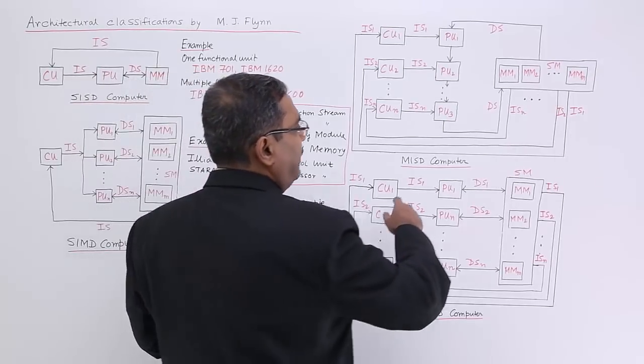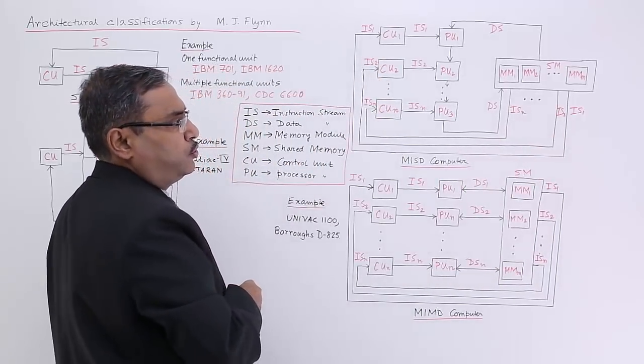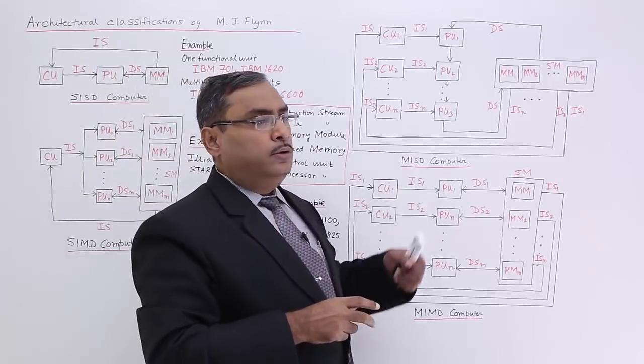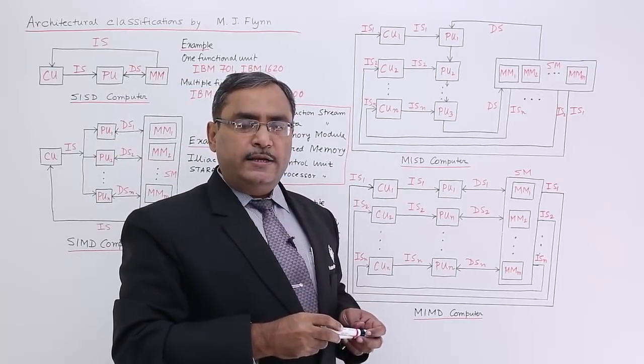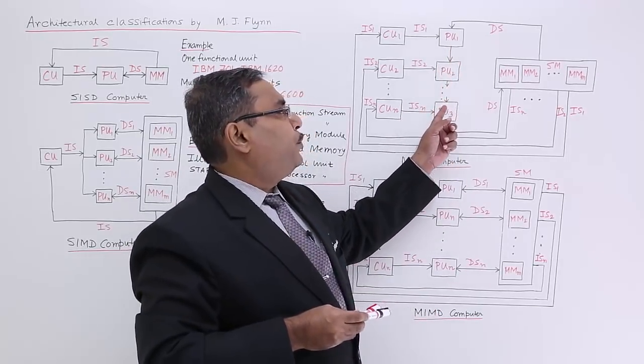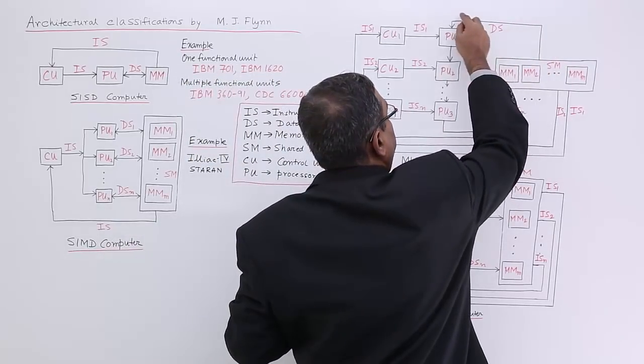So in this case, what will happen? Multiple instructions will be made available to the control units. The control unit will decode those instructions, and then to get those instructions implemented, they will be passed to the respective processor units, and the processor unit will have a single data stream.